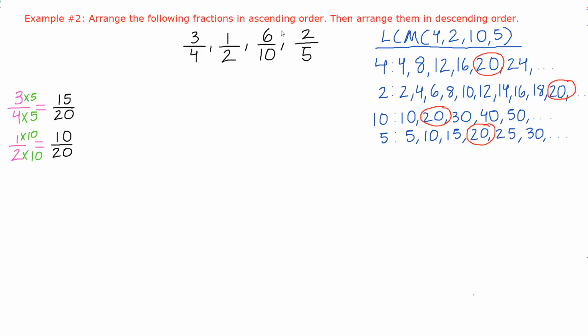Let's do another one. So we're going to do now 6 over 10, and we want to express that as an equivalent fraction such that its denominator is 20. And then we have 2 over 5.